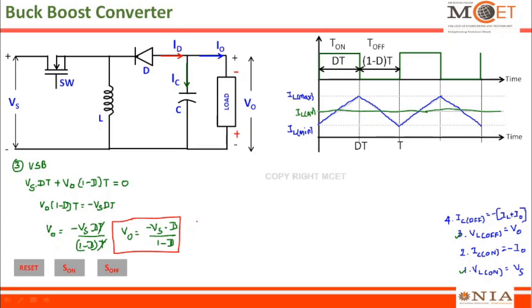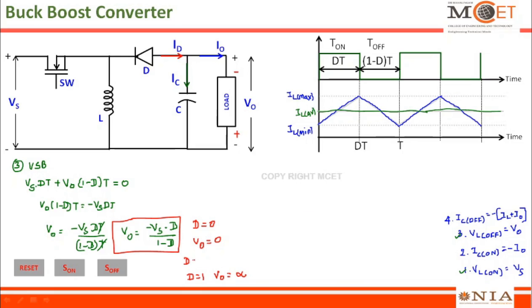Similarly, if I substitute D is equal to 0 here, my output voltage V0 becomes 0. When I substitute D is equal to 1, the denominator becomes infinity, so theoretically the output voltage is infinity.